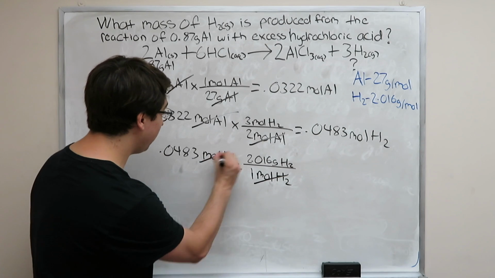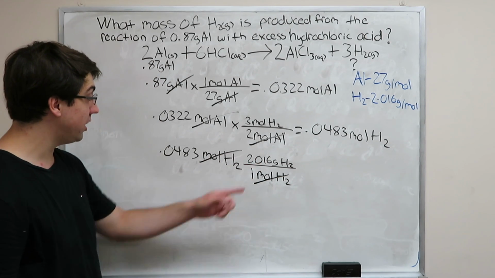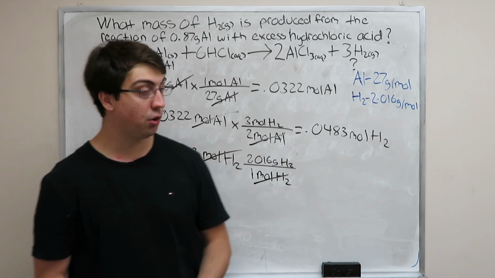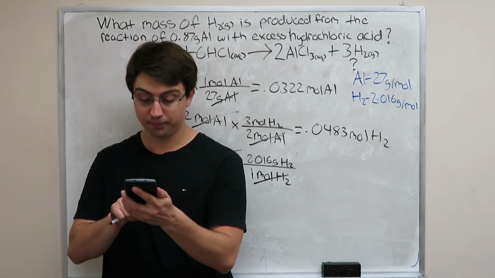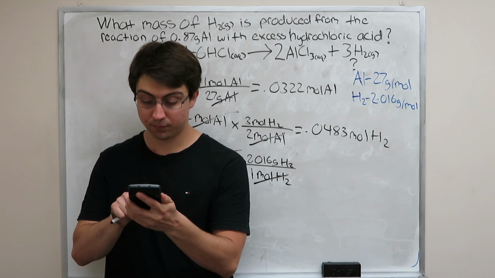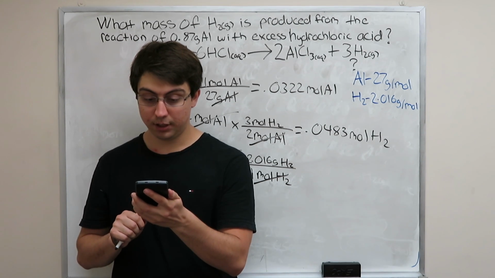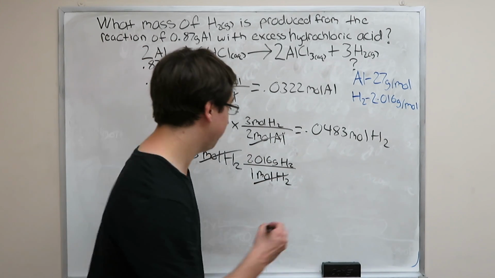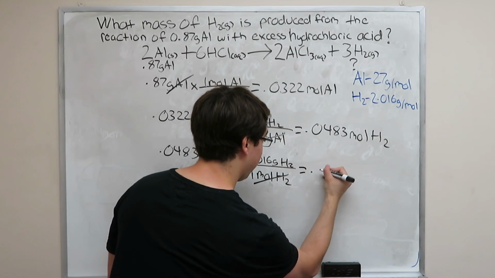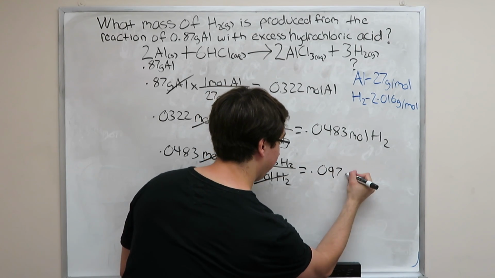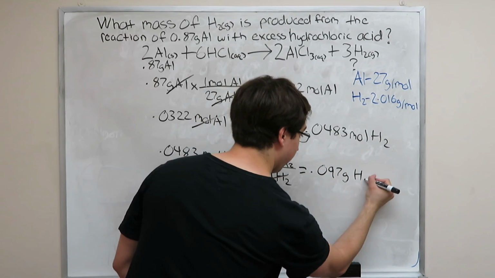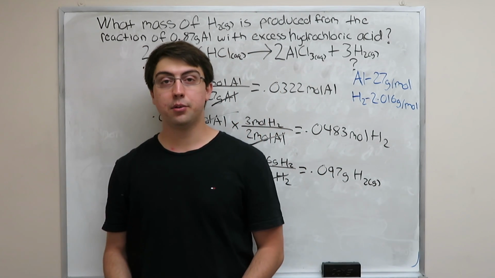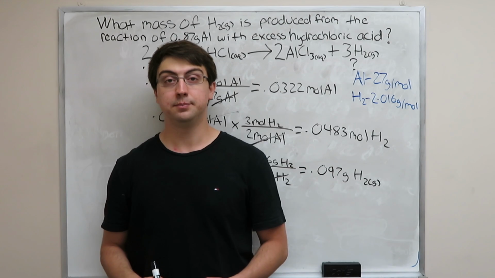The moles of hydrogen will cancel out, leaving you with grams of hydrogen, and you just need to take the 0.0483 and multiply times 2.016. And I'm going to stop at 3 decimal places, so 0.097. 0.097 grams of hydrogen gas is produced.